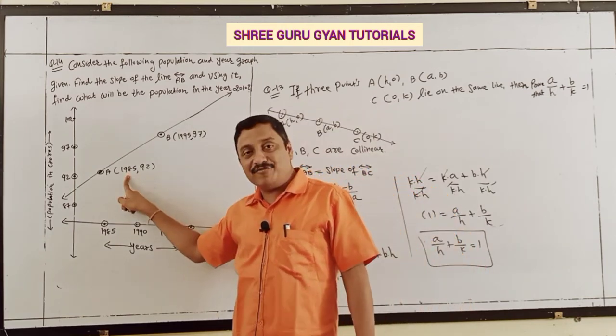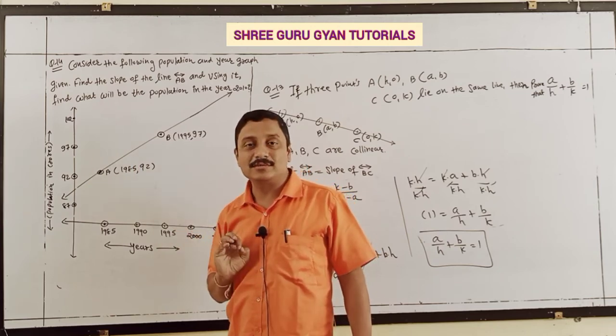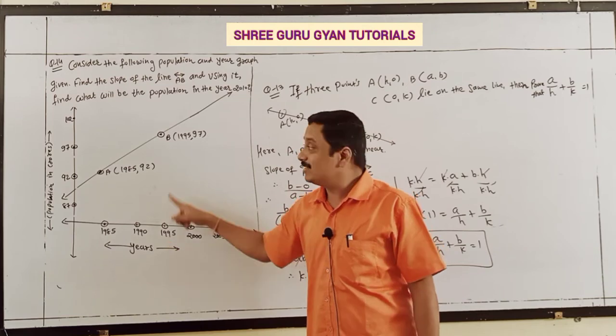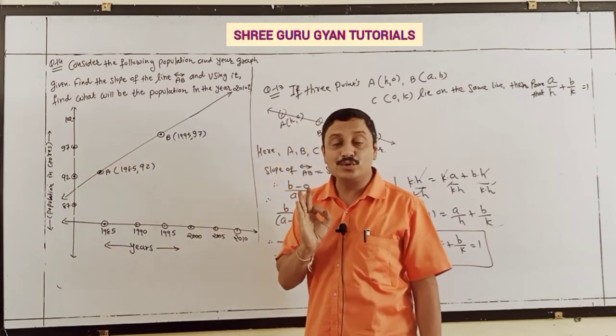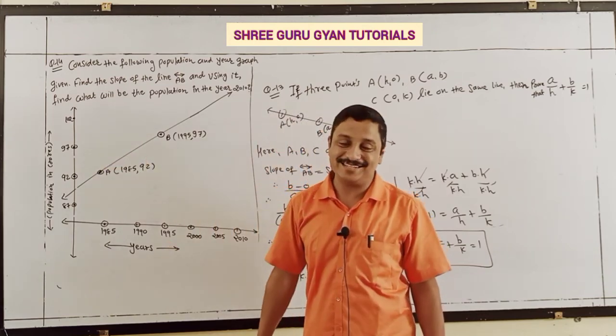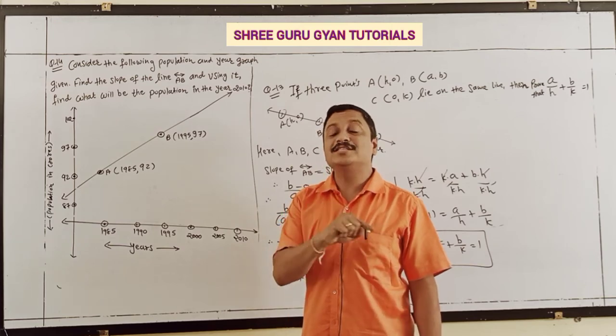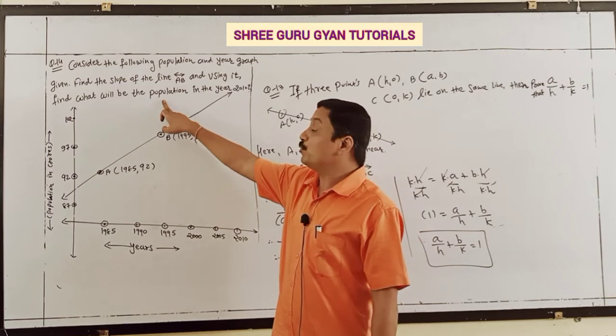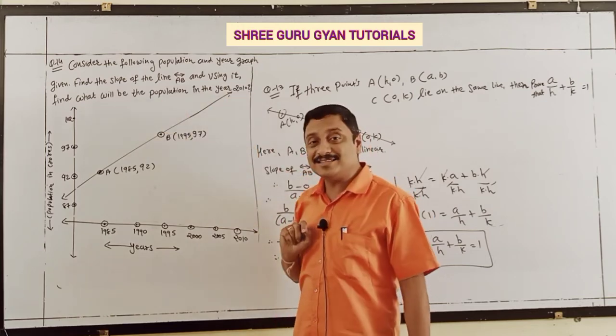In 1985 there are 92 crores population in a city, and in 1995, 97 crores population in this city. Our targets: what is the slope of line AB, and how much is the population in the year 2010.